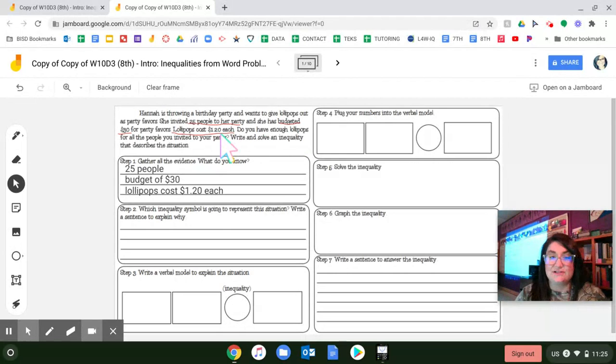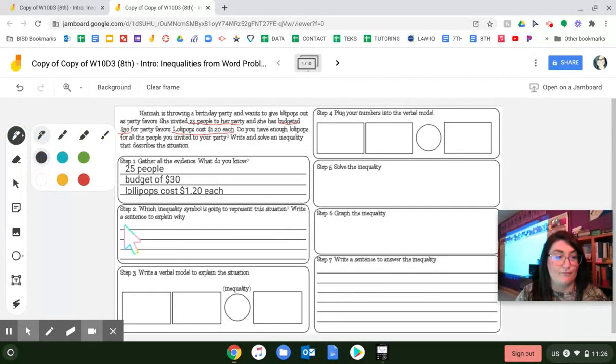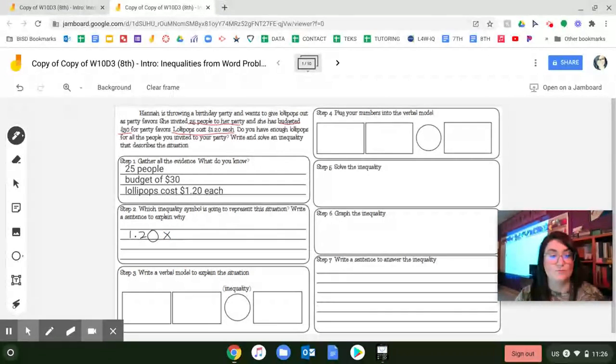Your lollipops are costing $1.20 each. That tells me that would be the slope, because it's going to change every time you buy a new lollipop. So $1.20 x. And we have a budget of 30. That means we cannot spend more than 30.